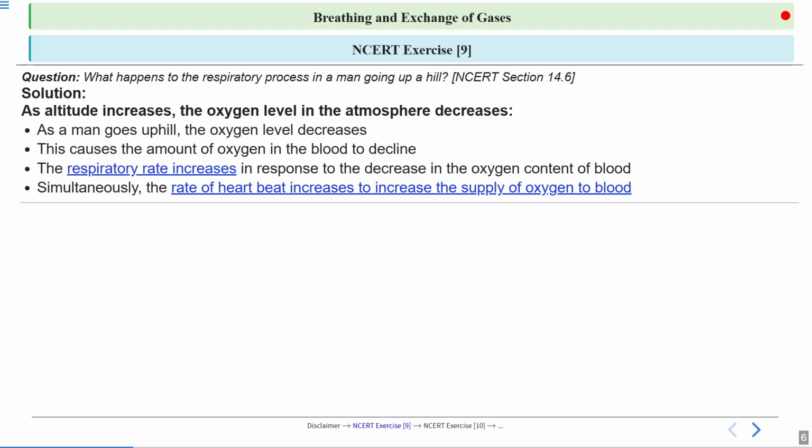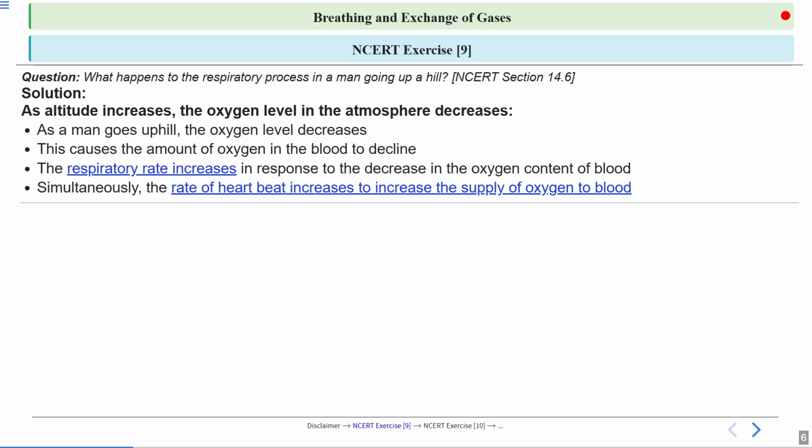Our metabolic activities do not go to rest; they are always there, and for that you require oxygen. So when oxygen decreases in the lung region, it is signaled to the heart, and in return the heart increases its rhythmic contraction and relaxation, that is, the heartbeat, right?